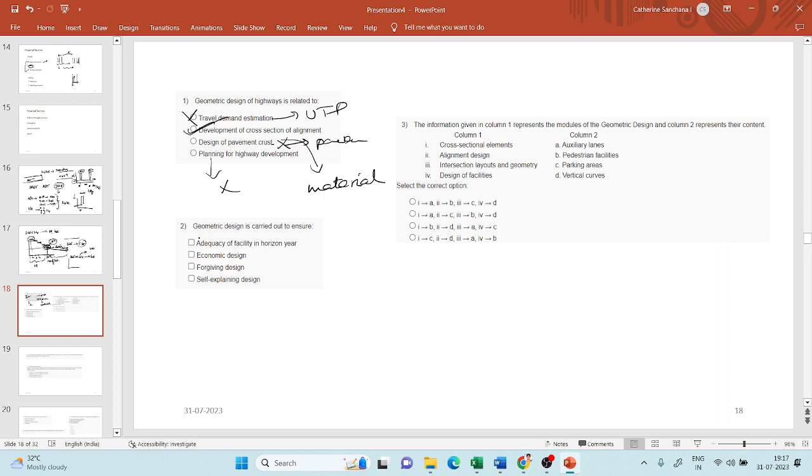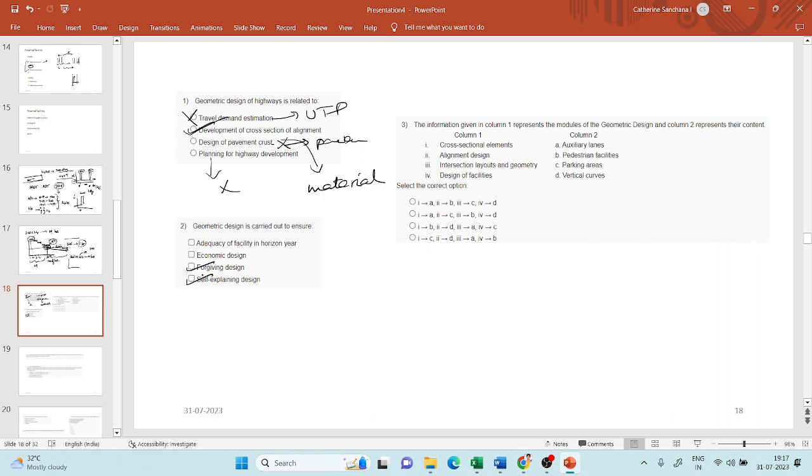Now, moving on to the next question. Geometric design is carried out to ensure adequacy of facility in horizon year, economic design, forgiving design, self-explaining design. This we know. I explained forgiving design. Yes, my geometric design should ensure forgiving design.